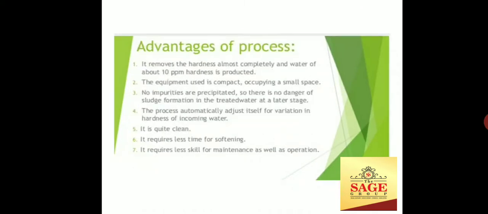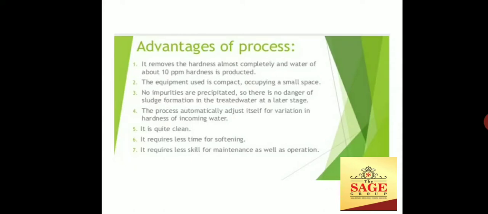Now if we talk about the advantages of this process, it is very advantageous, very efficient, because at the end of this process we get softened water of about 10 ppm hardness, meaning the residual hardness that is left after this process is 10 ppm.